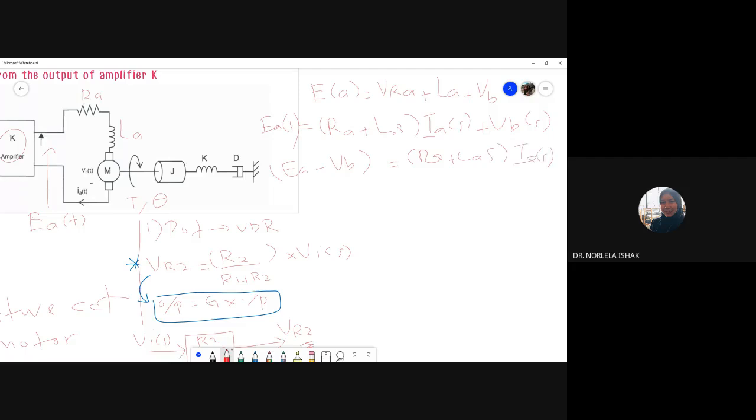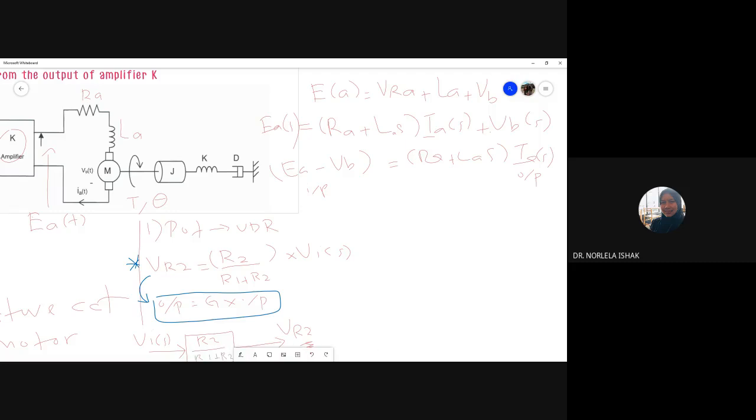Okay, so from here, which one is the input and which one is the output for the armature circuit? What's the input for this one? EA minus VB. Okay, this is the input and this is the output for that subsystem.